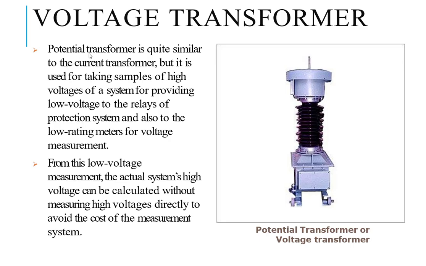The potential transformer is quite similar to the current transformer, but it is used for taking samples of high voltage of a system for providing low voltage to the relay of protection system and also to the low rating meters for voltage measurement.